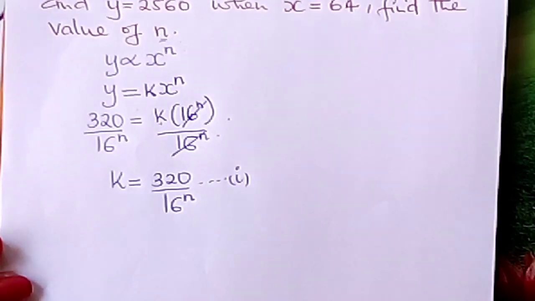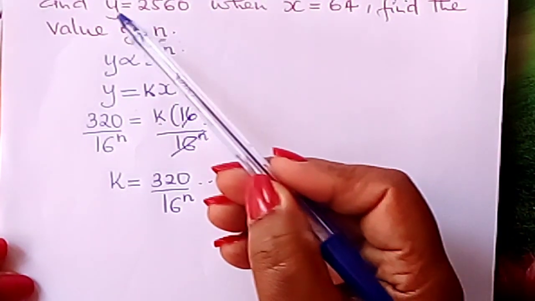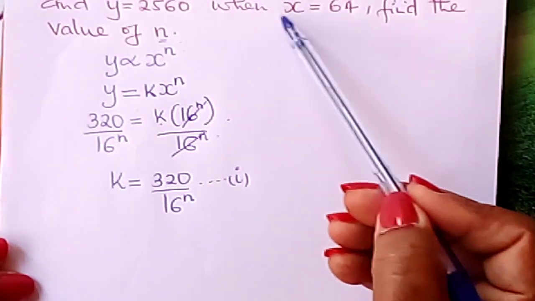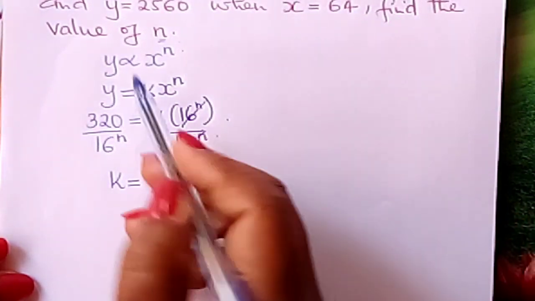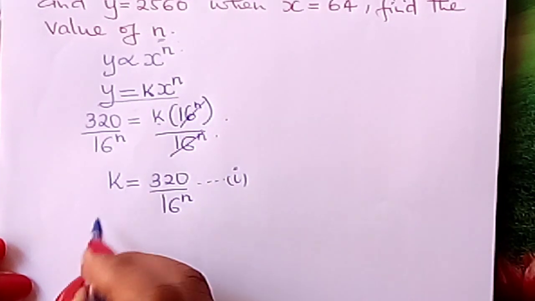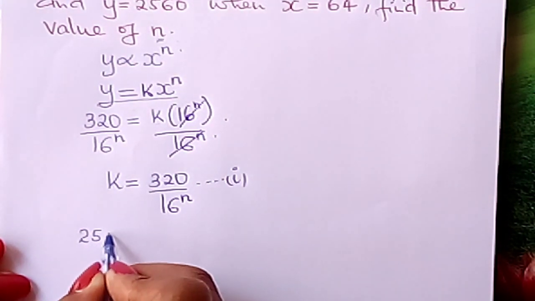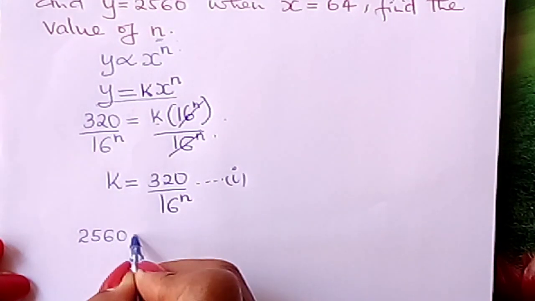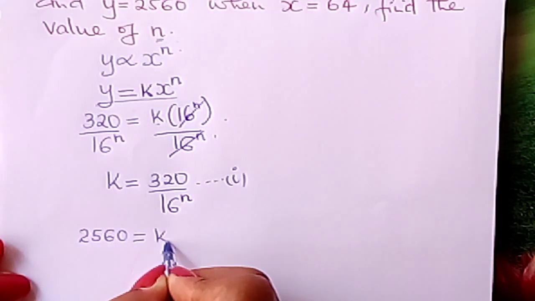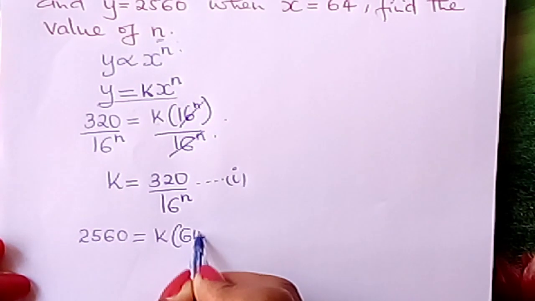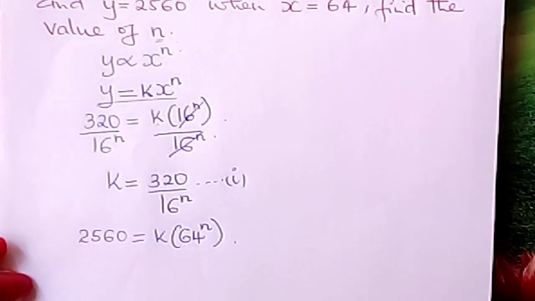From there, learner, we go to the second part. When y is 2560, x is 64. You again substitute here. So 2560 is equal to k times 64 raised to n.